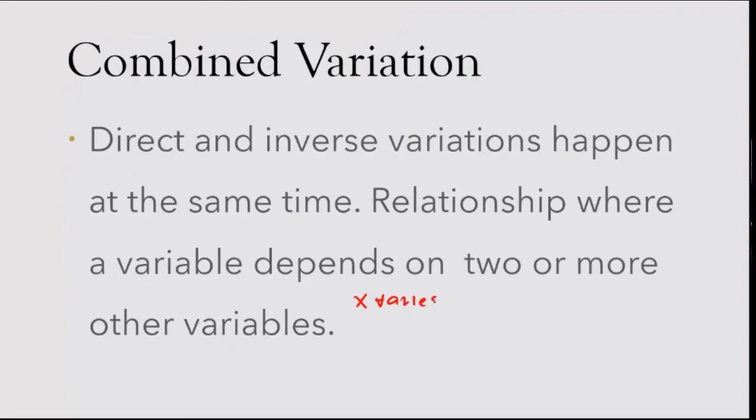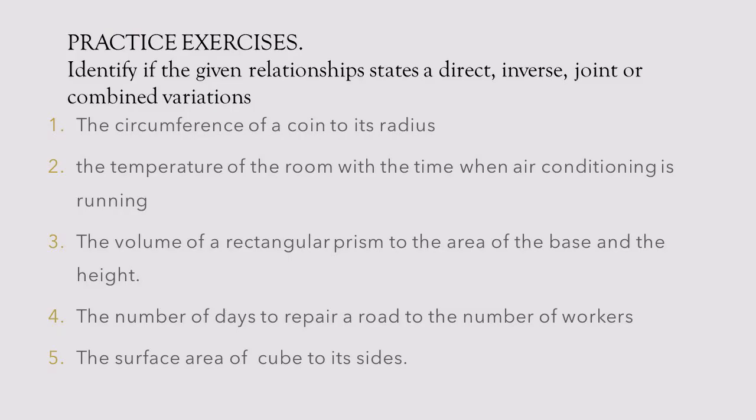X varies directly to y and inversely to z. So this will be represented by x is equal to k y over z, where k is our constant of variation. So that is how you will represent combined variation.